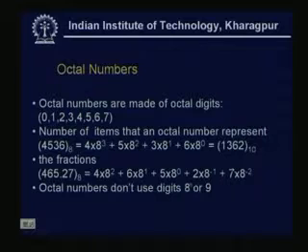If we compute this, we will get the decimal equivalent of 465.27 in base 8. One thing you notice is that octal numbers do not use the digits 8 or 9. Only the 8 numbers 0 to 7 are used, that is why the base is 8.